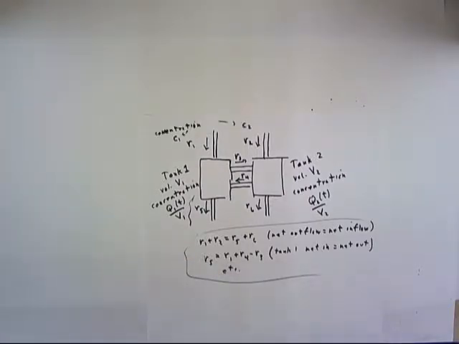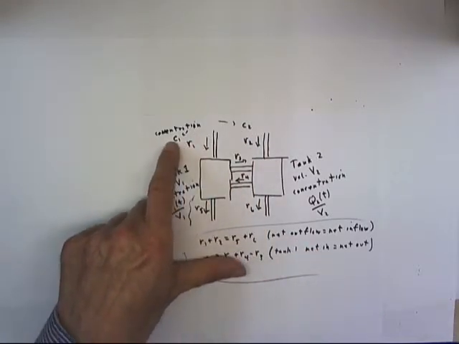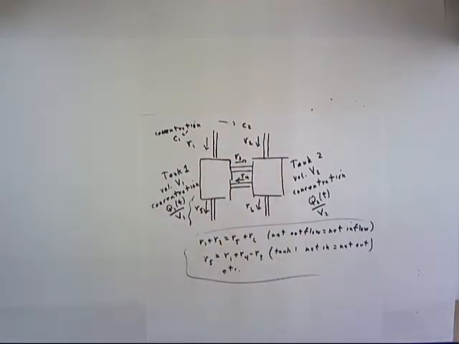We would also have concentrations C1 and C2, concentration C1 going in at rate R1, concentration C2 at rate R2.